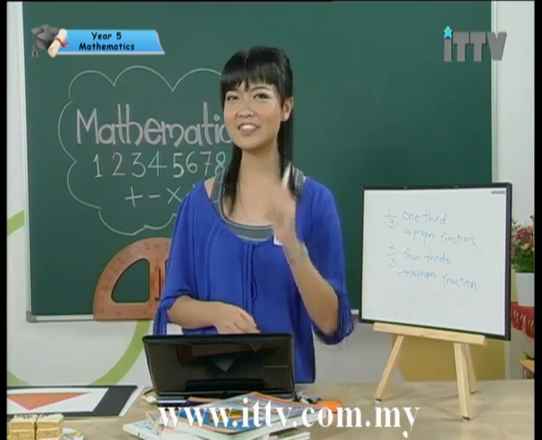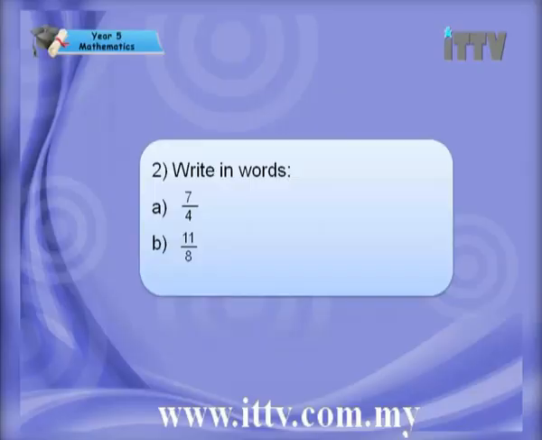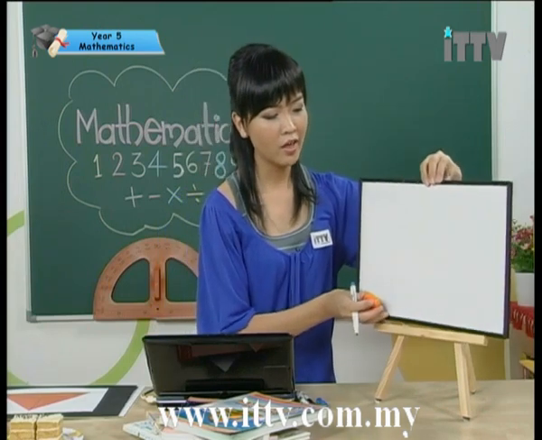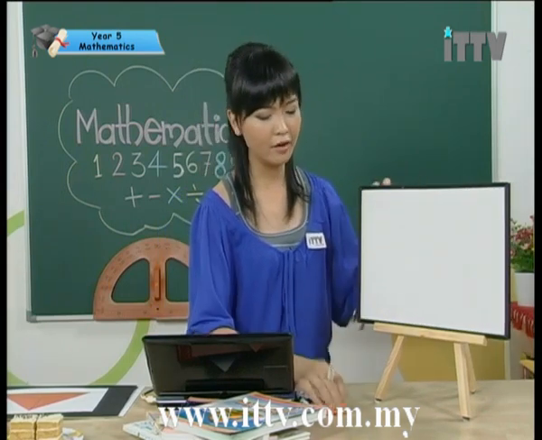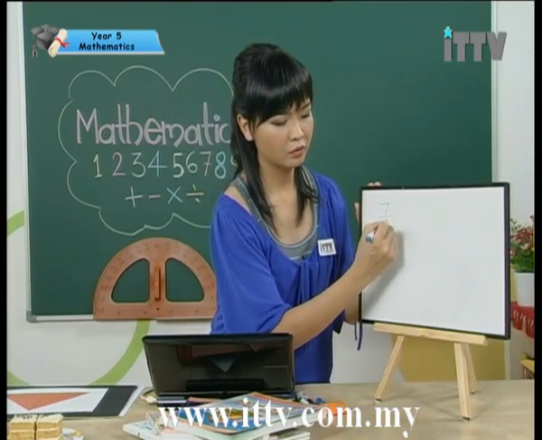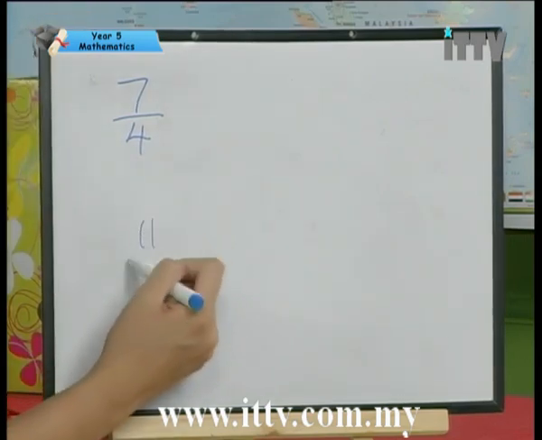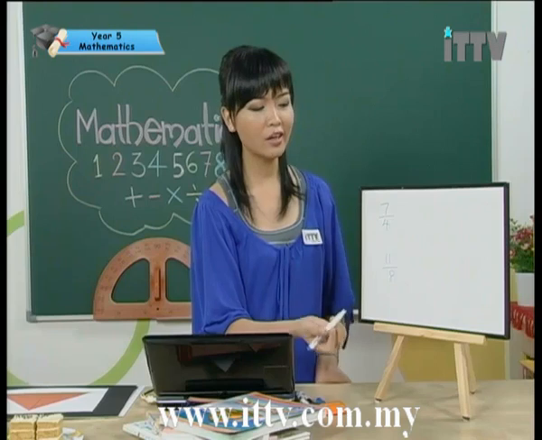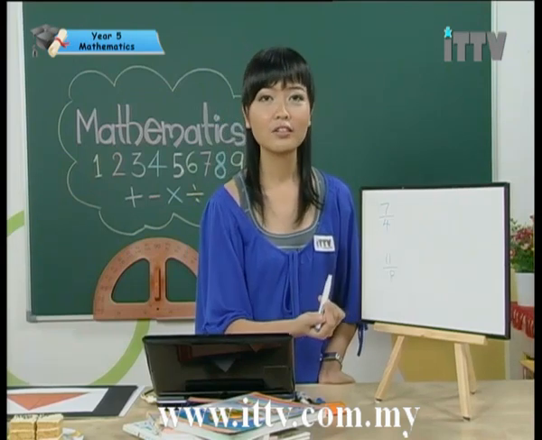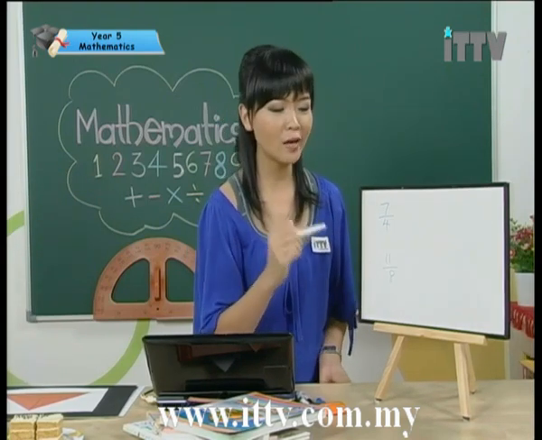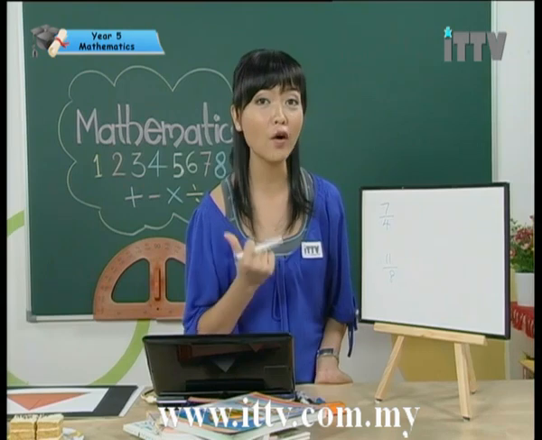Now, take a look at the second question. Write in words A, 7 over 4. B, 11 over 8. Now, let's try A. For A, what do we have? 7 over 4. And what about B? 11 over 8. Now, the denominator just now, what do we call it? Sometimes we call it a fourth.